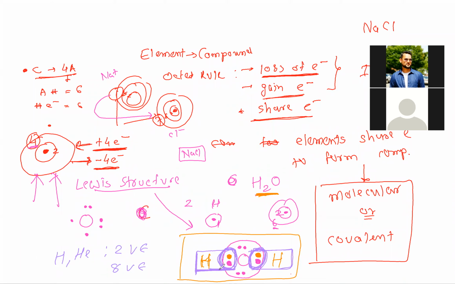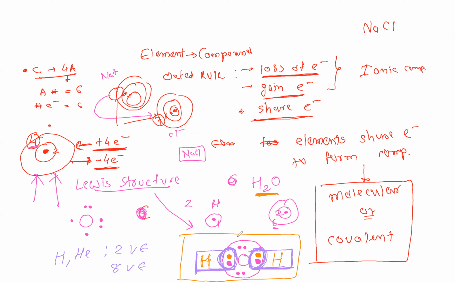They don't need 8, they just need 2. Same thing for the other hydrogen, they just need 2 and they have it. Also, oxygen got its 8. It has 6 only, but because of sharing 1 electron with each of these hydrogens, now it has 8. So all these elements are happy. Do you understand?